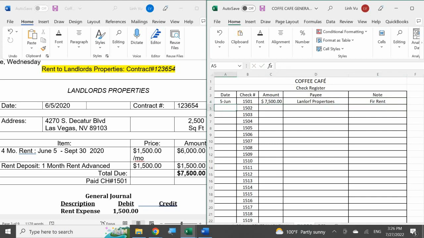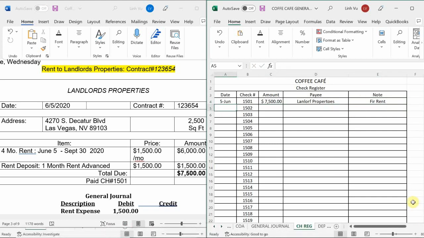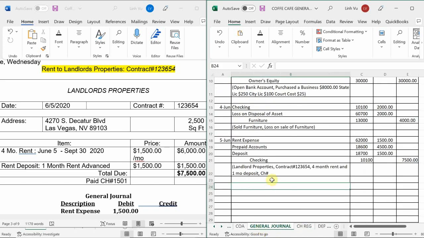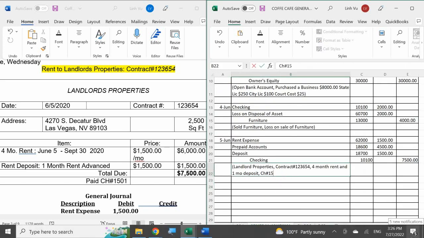All right. In this case, I want to shrink my windows up so I can make this a little bigger for you guys. Okay. All right. So in this case, now I confirmed I wrote check number 1501. So therefore, now I can double verify that yes, I ensured I wrote check number 1501.